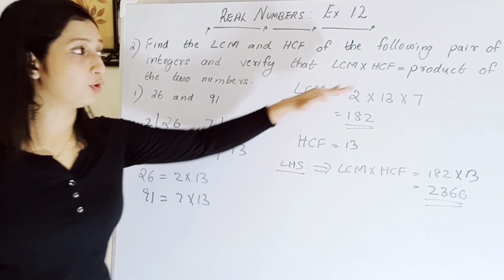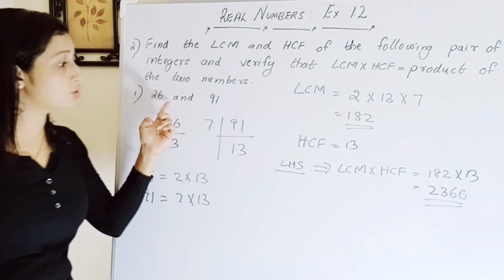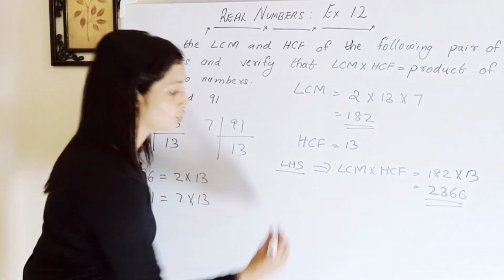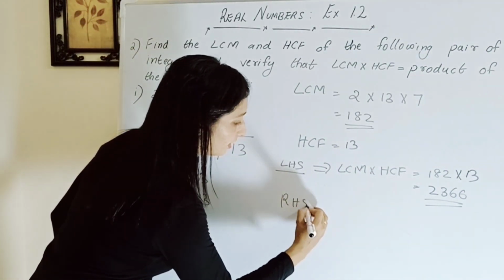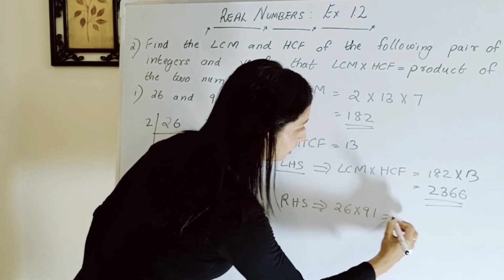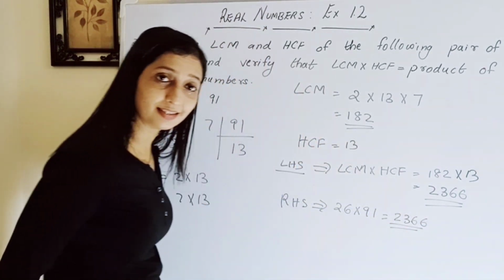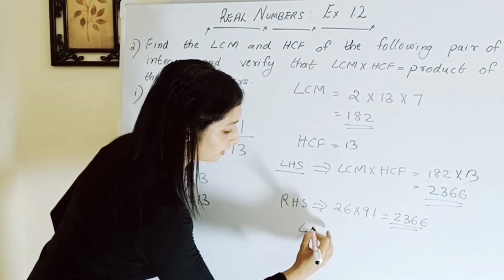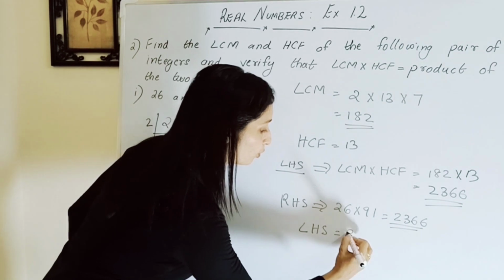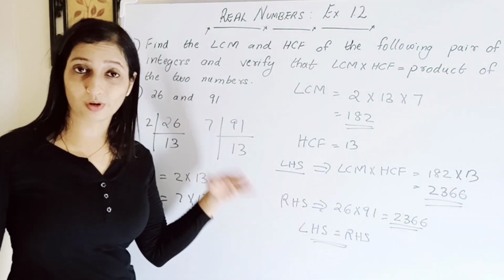Now you go for the RHS, which is the product of the given two numbers, 26 and 91. Our RHS is 26 into 91, which again you will get as 2366. So we have proved that LHS is equal to RHS.